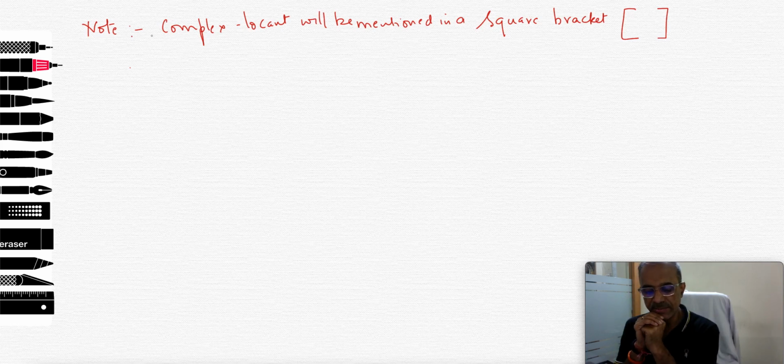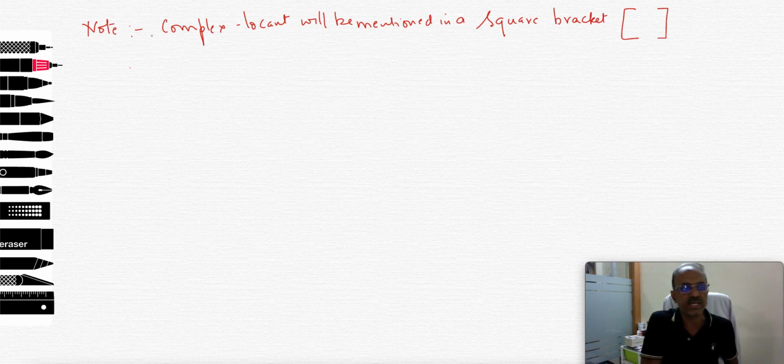is represented as usual by di, tri and tetra. But in the previous case, di, tri and tetra were not considered with respect to alphabetical value like D, T. No, it was not an alphabet. But here in the case of a complex locant, 2 or more than 2 complex locants are denoted by di, tri and tetra.